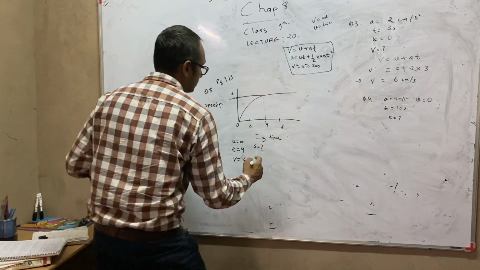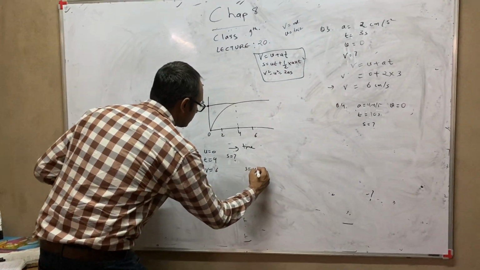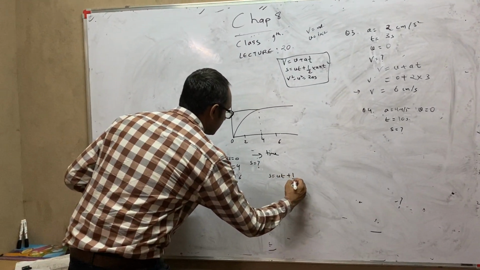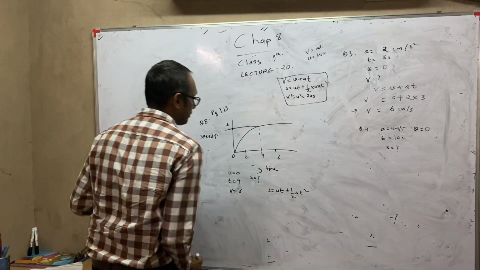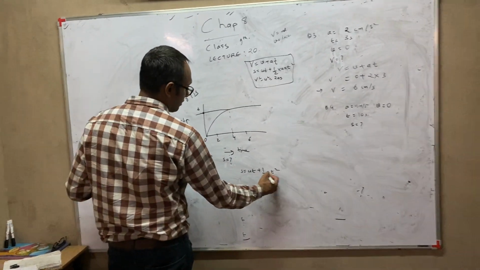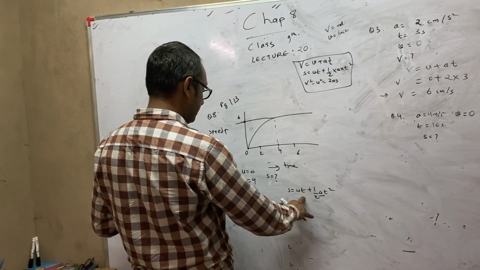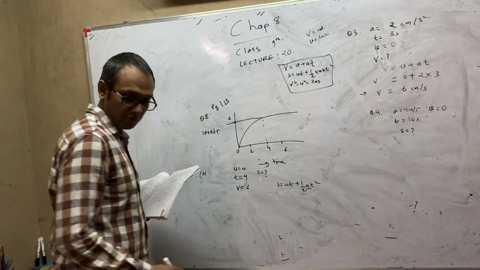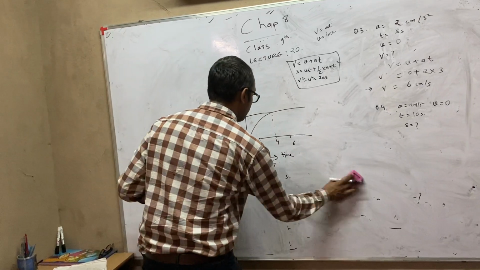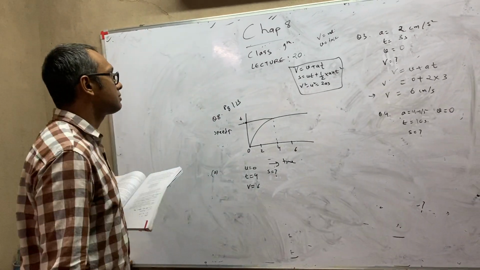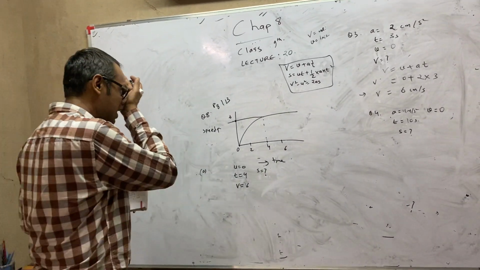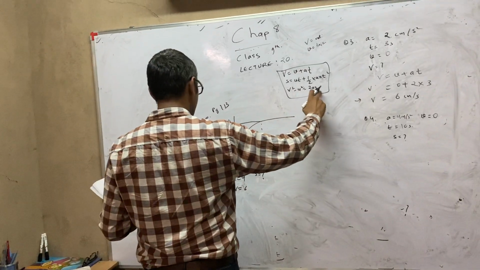Now the first part is the distance to be calculated. Suppose I use this formula, S is equal to ut plus half at square. Now here, I don't have A, I don't have S, I have T, so I can't use this formula. Suppose I see this formula, V square minus U square is equal to 2AS. Again that A is not there and S is of course not there.